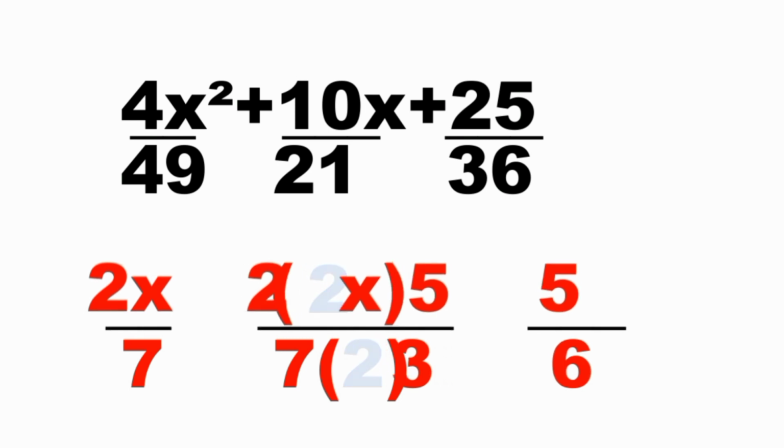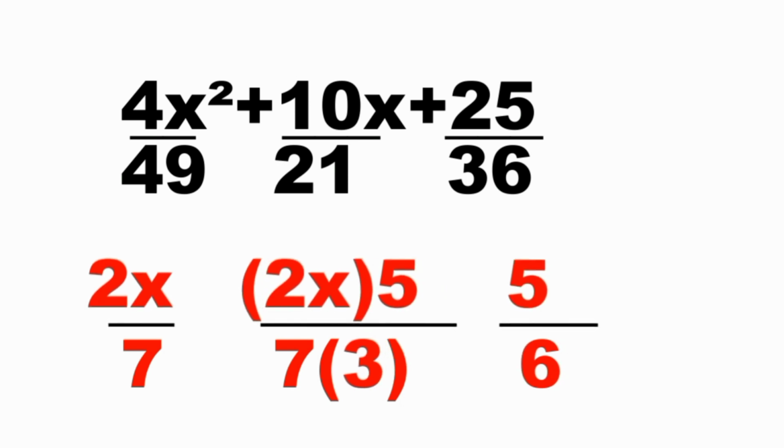So the middle term is just 2x times 5 over 7 times 3, so 2x times 5 is 10, and 7 times 3 is 21.